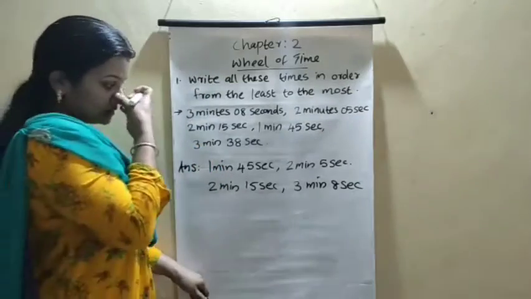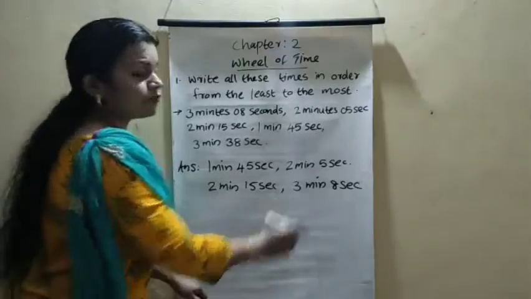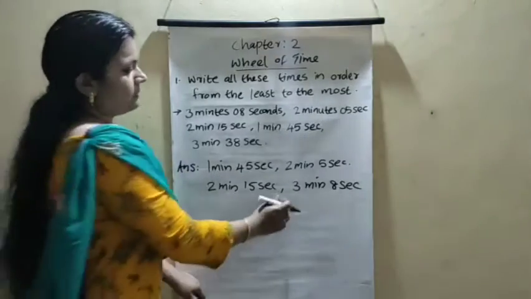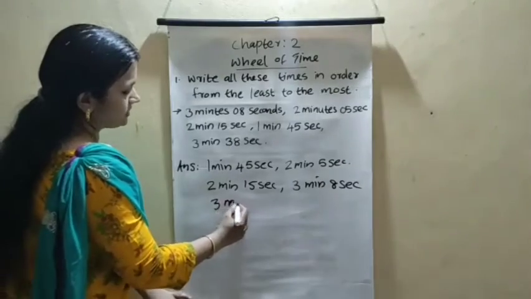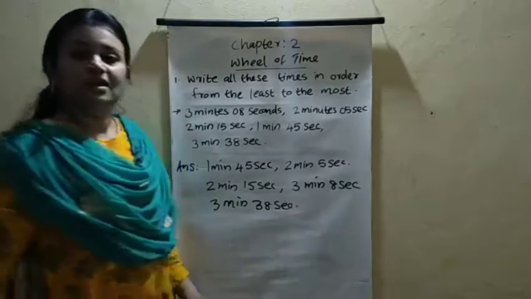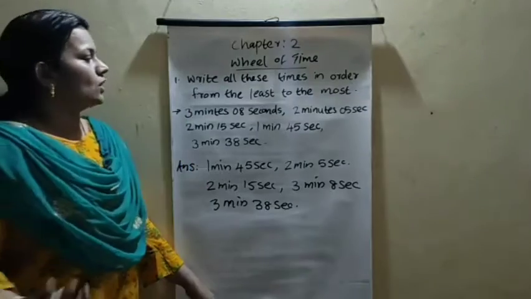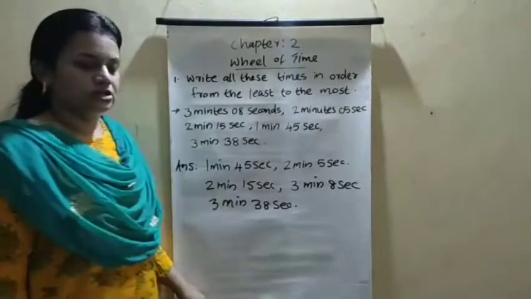This is the short form of seconds. MIN is the short form of minutes. Okay, 3 minutes 8 seconds. The last one, 3 minutes 38 seconds. Understood all?